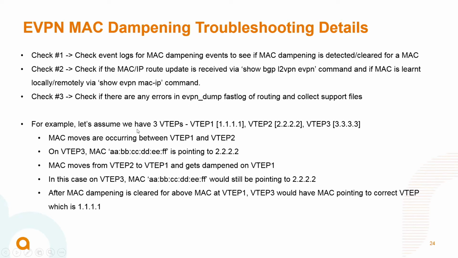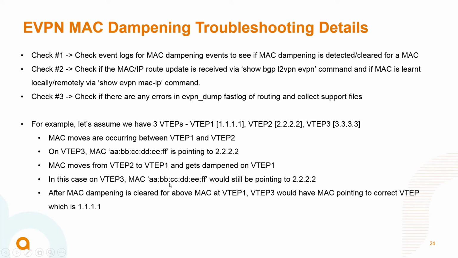For example, let's assume we have 3 VTEPs, VTEP 1, 2 and 3. MAC moves are occurring between VTEP 1 and VTEP 2. On VTEP 3, let's say the MAC is pointing to 2.2.2.2, which is nothing but our VTEP 2. The MAC moves from VTEP 2 to VTEP 1 and gets dampened on VTEP 1. It then moves back and gets dampened on VTEP 2.